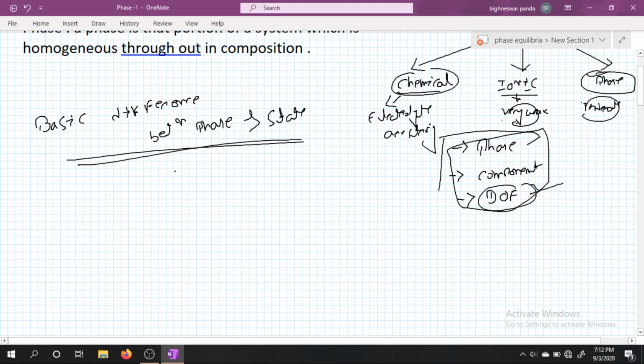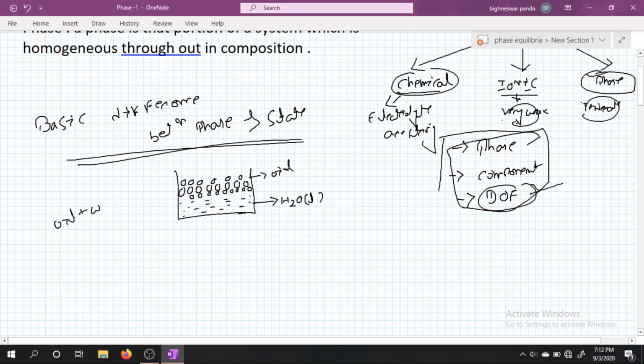So let us consider we have a system. These dotted lines represent water, liquid, and above it the spherical molecules are oil. That means we have a system that involves oil plus water, and these substances are immiscible.